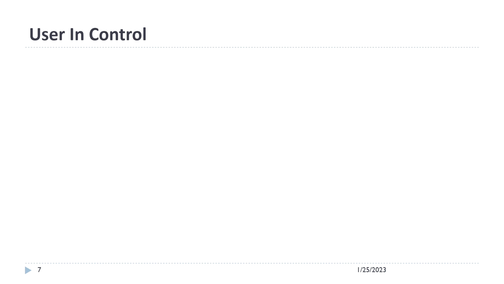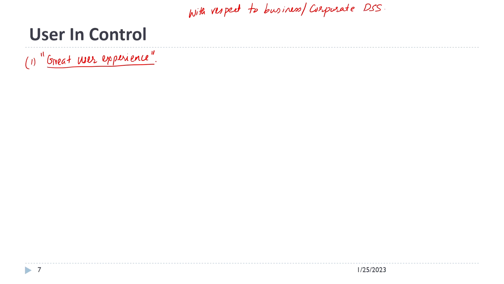The main aspects of user in control, again with respect to business or corporate DSS, the first one is the phrase that is typically used here: great user experience. I am using it in quotations because it is something like a phenomenal user experience, as people call it.